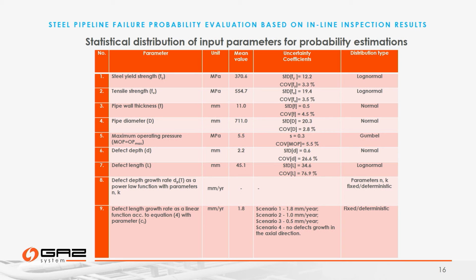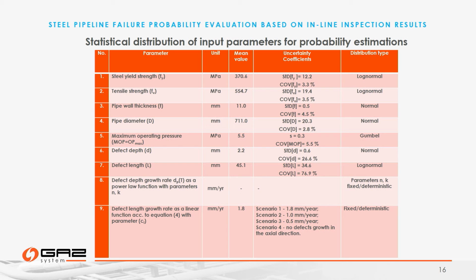Defect depth mean value derived from repeated inline inspection is 2.2 millimeter, and standard deviation 0.6, and coefficient of variation 26.6%, and it has normal distribution.